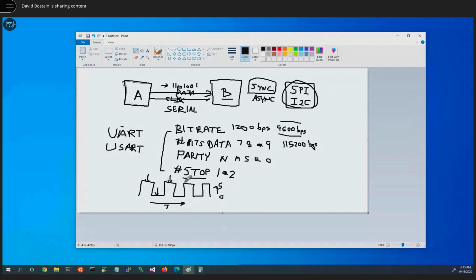Now, because noise tends to happen in little bursts, generally most good UARTs don't look one time. At this halfway point right here, they really sample maybe as many as 5 times. They say, okay, I got a 0, I got a 0, oops, I got a 1, I got a 0, I got a 0. Then what they do is they say, well, I got 4 zeros and 1 one.